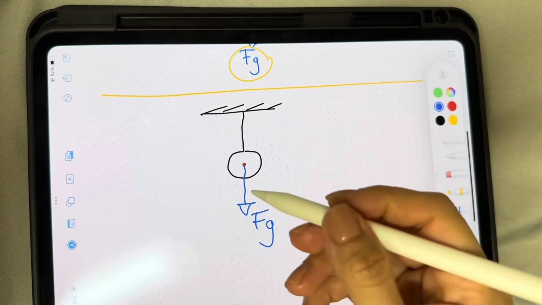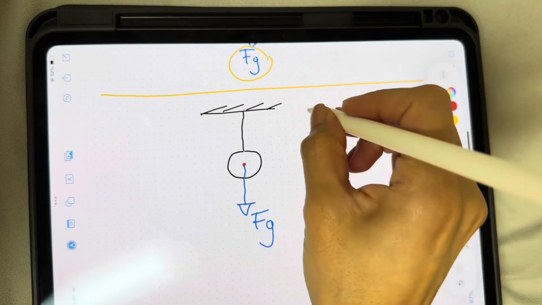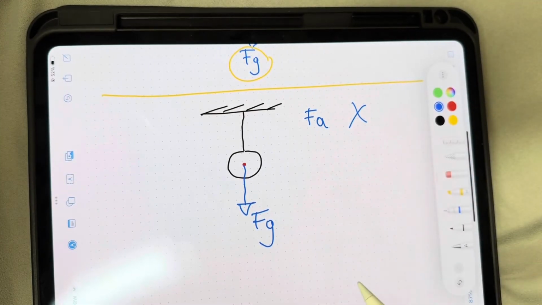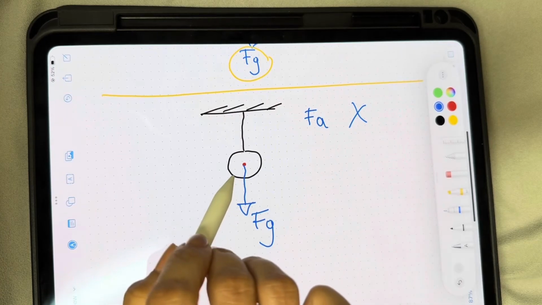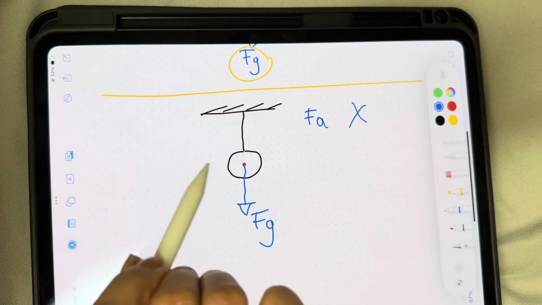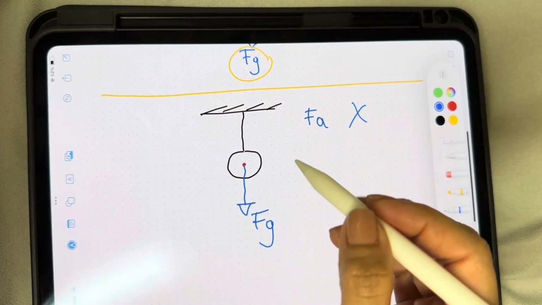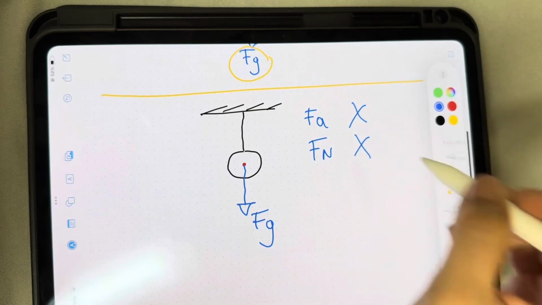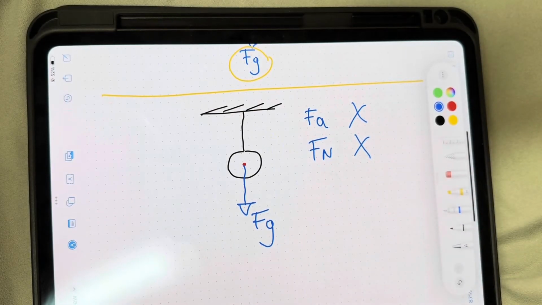Okay, is someone pushing at this ball? No. So applied force, nothing. Is this ball in contact with a surface? No, it's not touching anything here. So normal force is not present. Is there anyone or anything pulling on this ball, like a string or cord or rope?